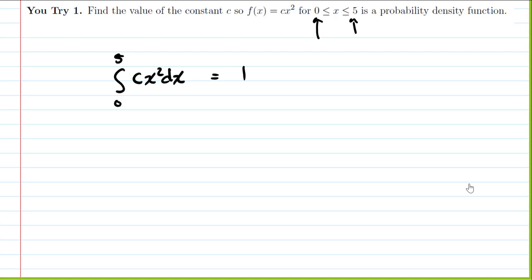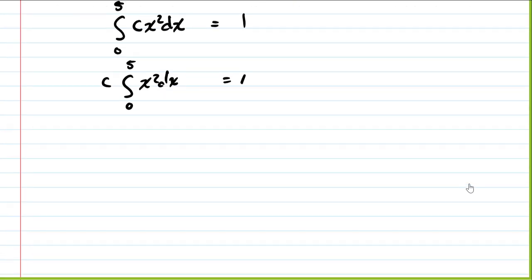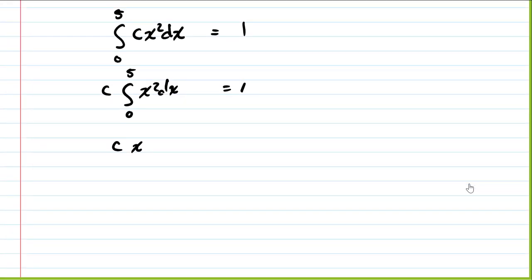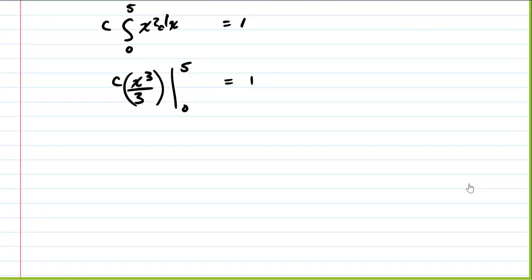And we're going to solve for our value of c. Well, c is a constant, so we just pull it out of the integral. And we need to integrate x squared, so we get x cubed over 3. Then we evaluate that from 0 to 5, and that still needs to be equal to 1.